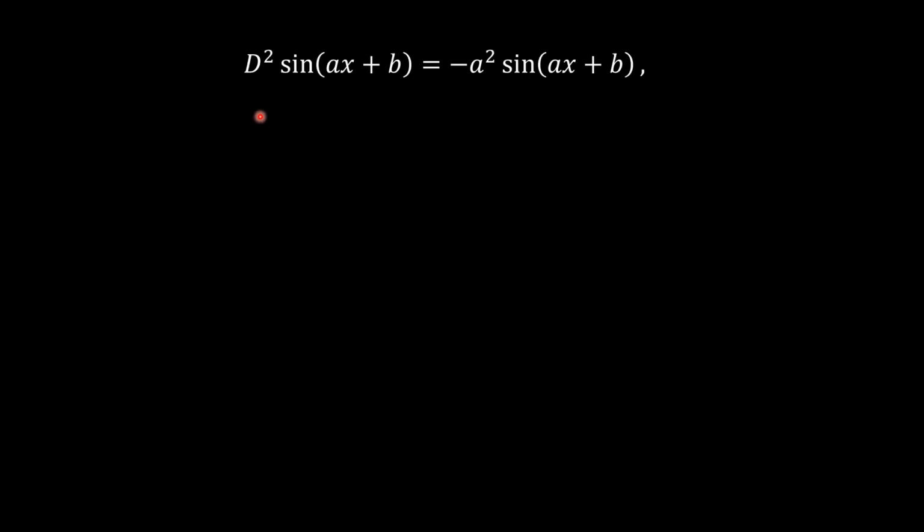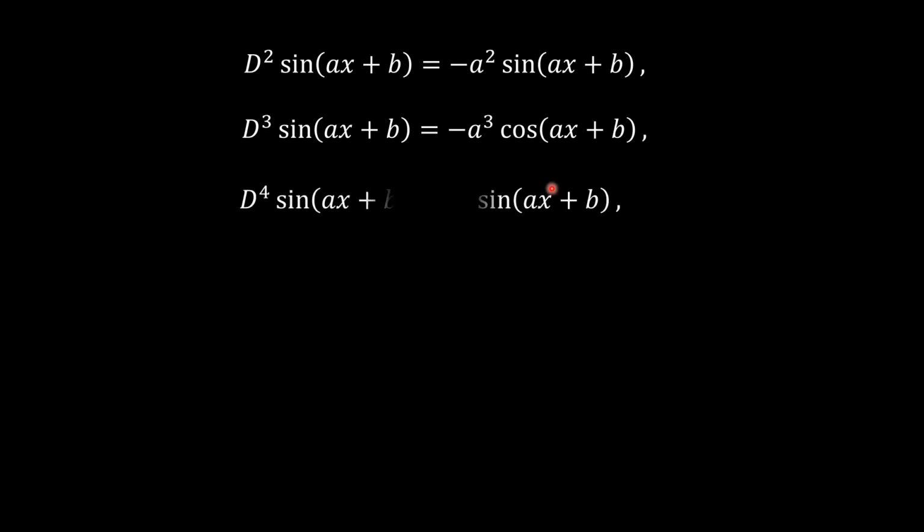The second order derivative, D square of sine of ax plus b, is equal to minus a square sine of ax plus b. Evaluate the third order derivative, which will be minus a cube cos of ax plus b. Similarly, the fourth order derivative will be a raised to 4 sine of ax plus b.